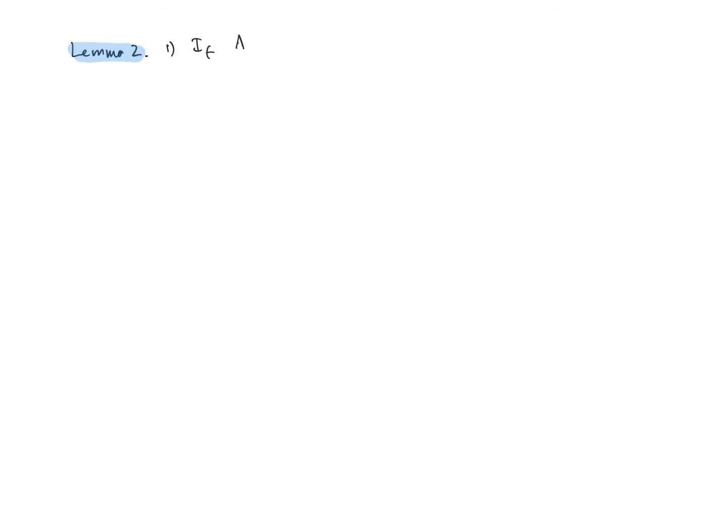If we have that A is a subset of B, both subsets of M, where M is an L structure, and assume that we have a type p over B in M, we define p restricted to A, a smaller set of parameters, to be the set of all L_A formulas in p.